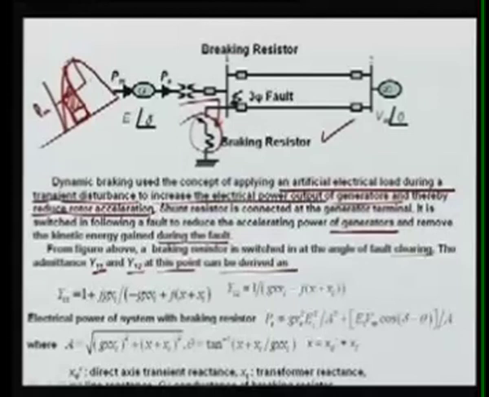I am not going into the mathematical complexity; it is better that we see the effect of this. Simply what we are doing is taking electrical power from here, thereby reducing the accelerating energy, and that means your delta increase is minimized during the fault condition.